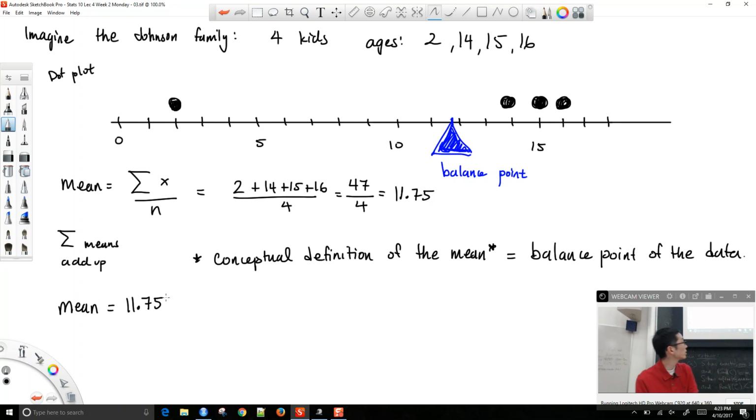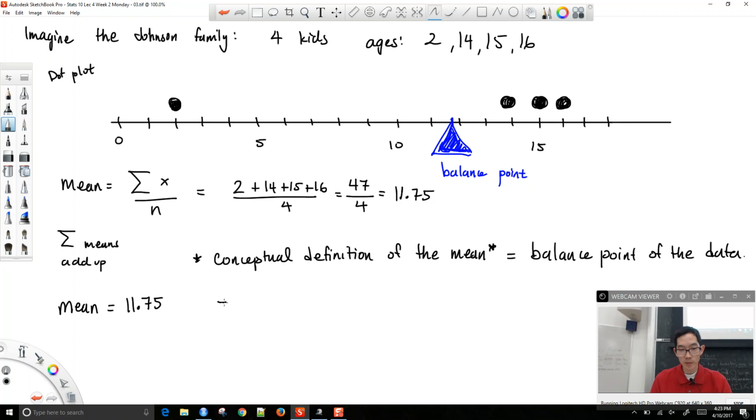So here's the question. If somebody asks, what is the average age of kids in the Johnson family, does it feel right to say that the average age is just under 12 years old? Doesn't quite feel right, right?